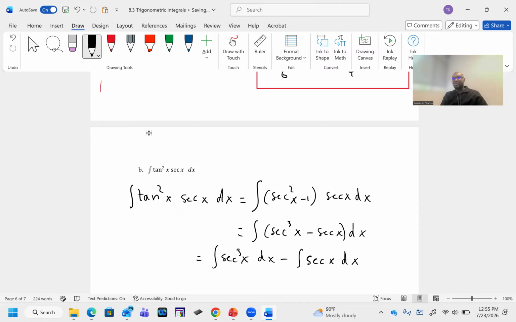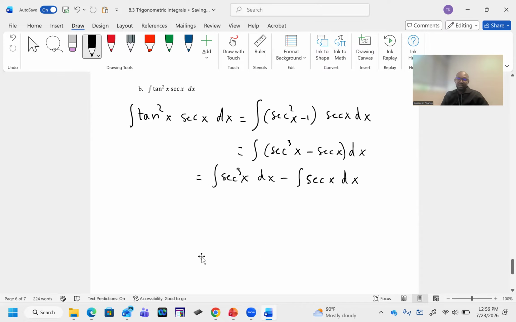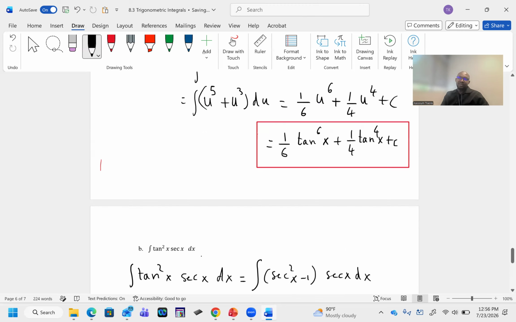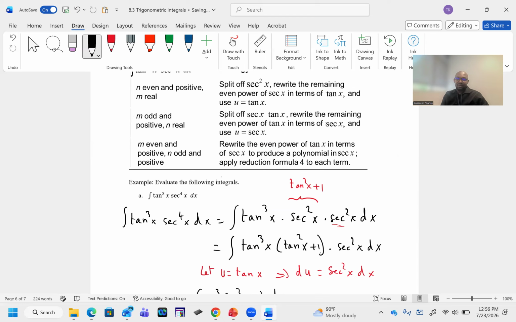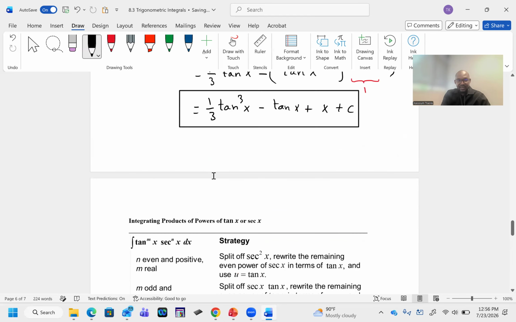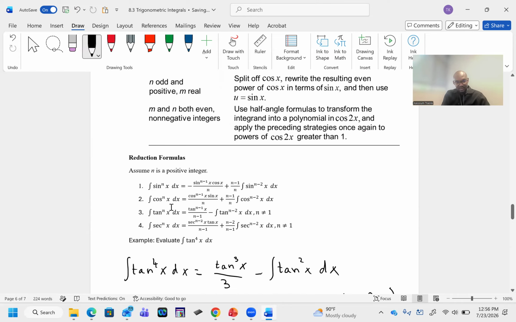If I use the reduction power formula for secant, which is secant to the power of n minus 2 times tangent x divided by n minus 1, plus n minus 2 divided by n minus 1 times the integral of secant to the power of n minus 2.